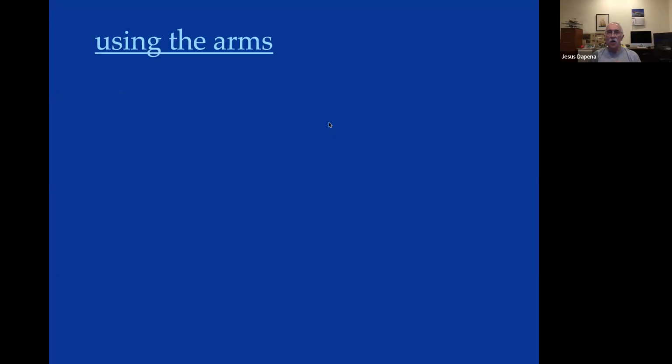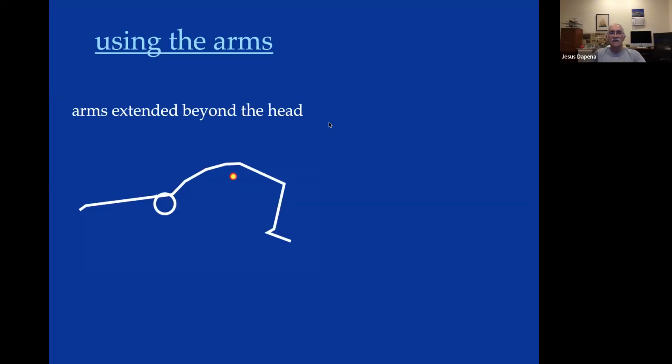Okay, using the arms, this athlete has the arms extended beyond the head. So there's a big distance from the arm to the center of mass. This is not compact. This is very extended, which produces a slow somersault rotation.